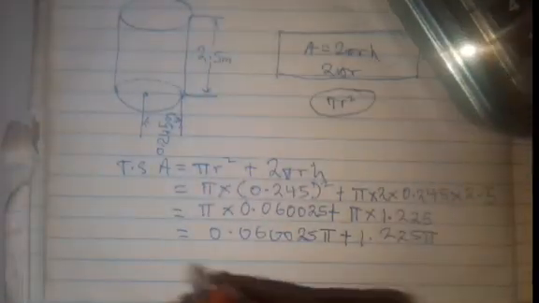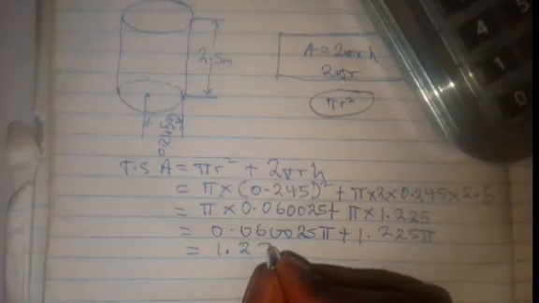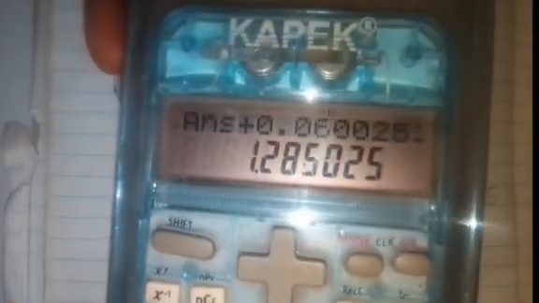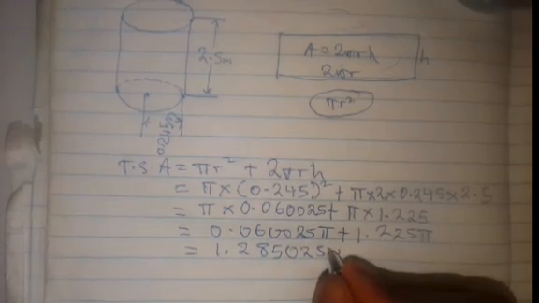So write it out, equals to 1.285, then 0.25, we'll write it out here, 0.25, don't forget the pi.